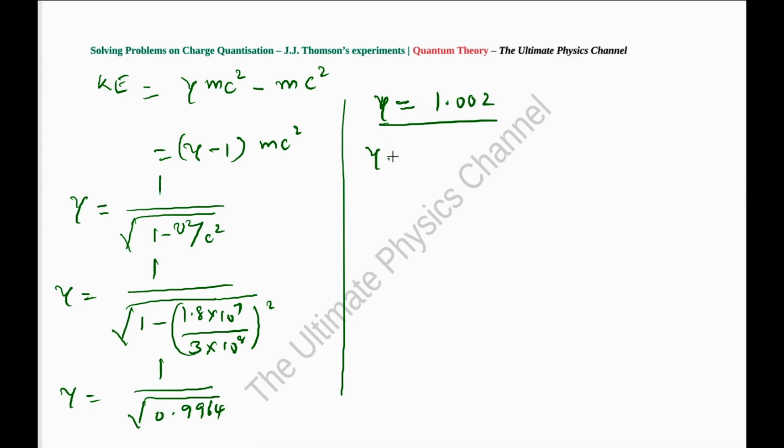We need gamma minus 1, which is basically 0.002, or I can write this as 2 times 10 power minus 3.